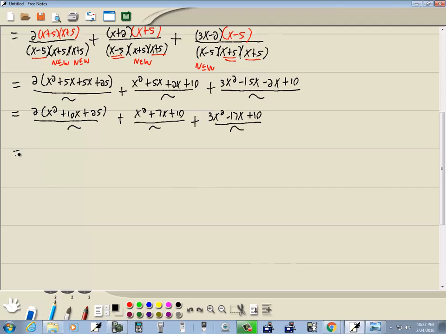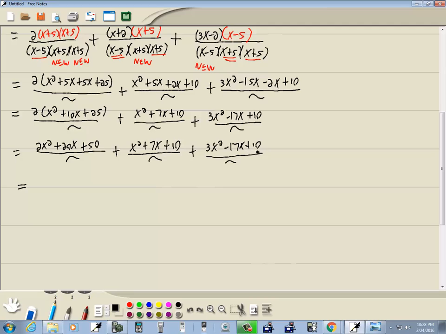Well, now I'll multiply the 2 through. 2 times x squared is 2x squared, distributive property. 2 times 10x is 20x. 2 times 25 is 50, over the denominator, plus x squared plus 7x plus 10 over the denominator, plus 3x squared minus 17x plus 10 over the denominator.